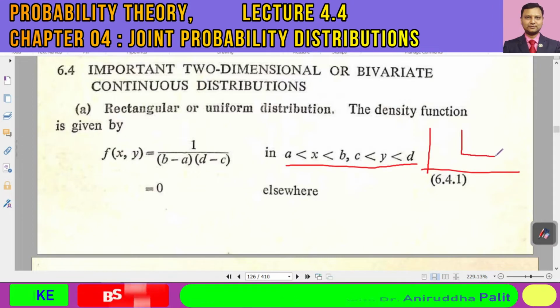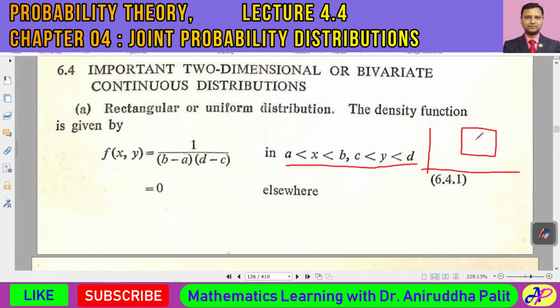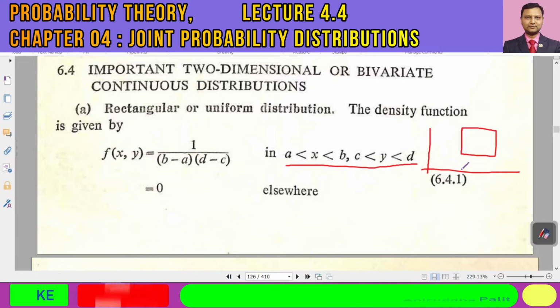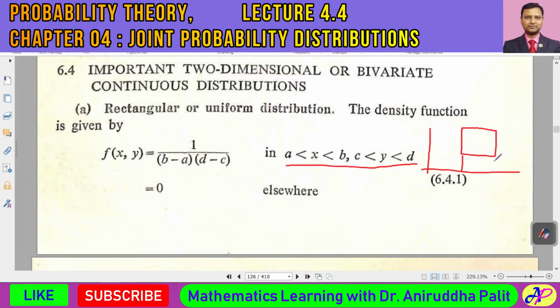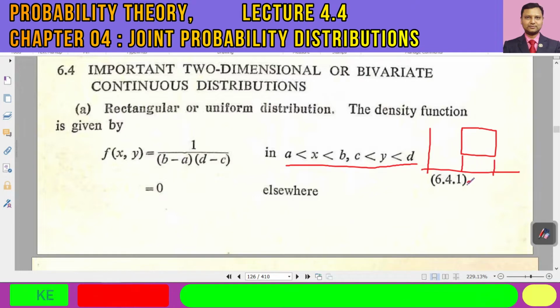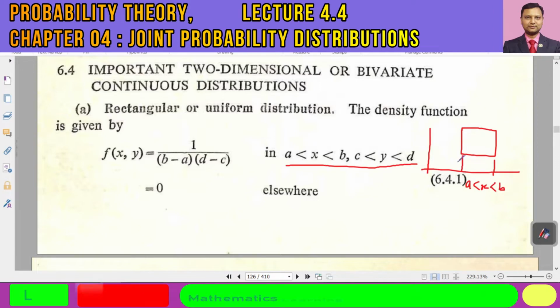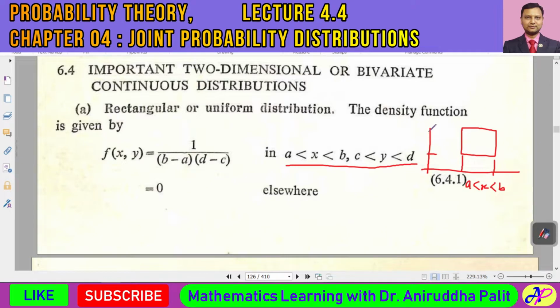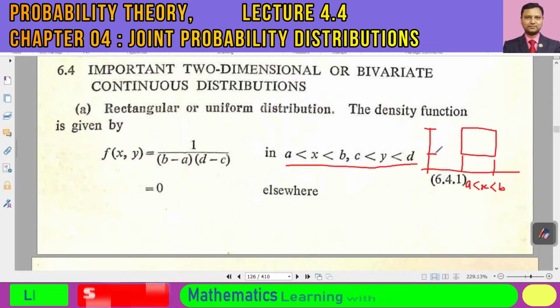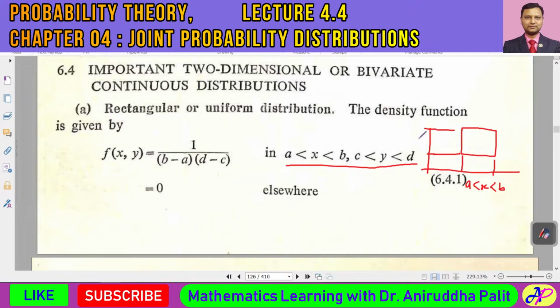Suppose this rectangular region is bounded along the x-axis by the interval a less than x less than b, and along the y-axis it is bounded by the interval c less than y less than d.